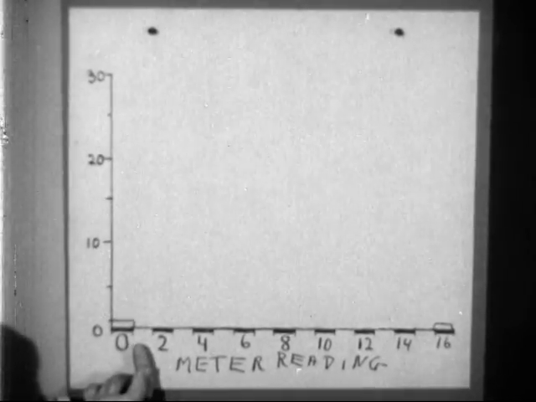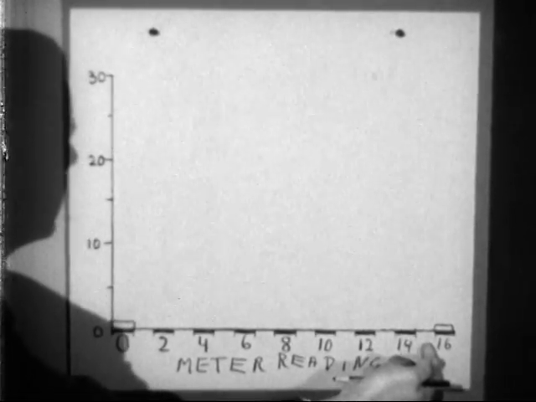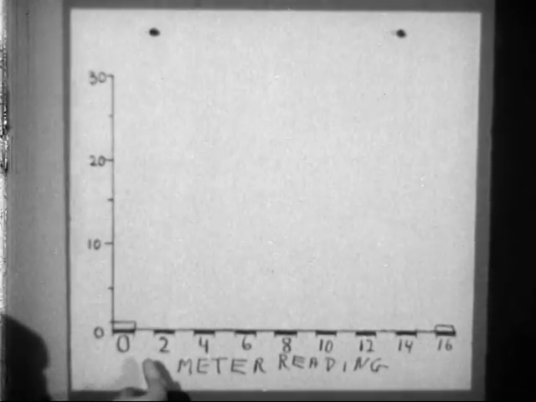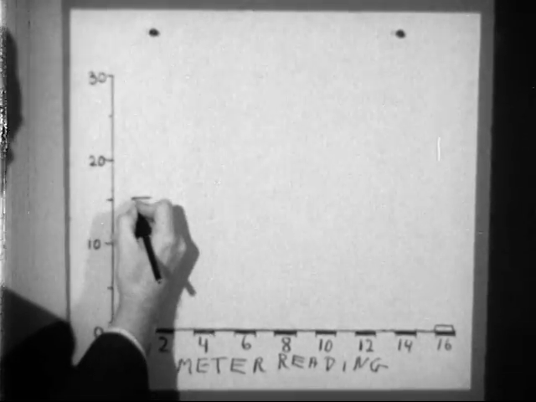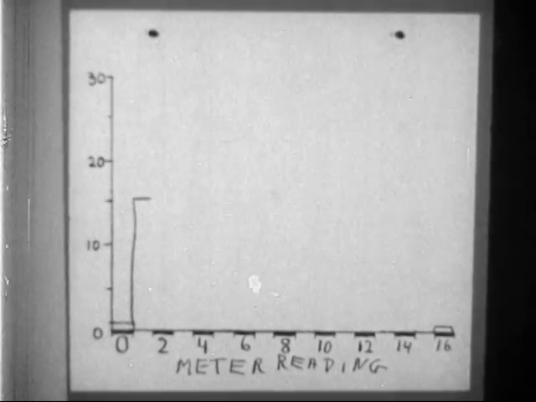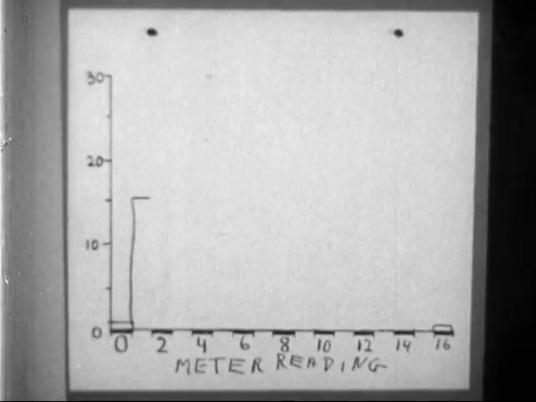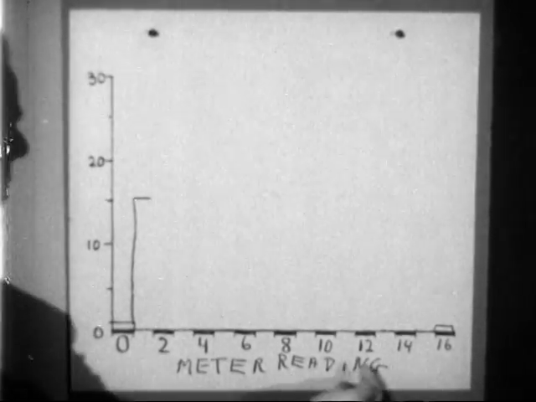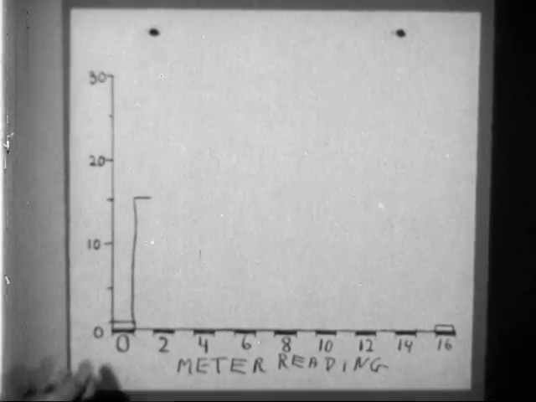There are 16 different ways of getting one white or one black. So these two meter readings are equally probable and 16 times more probable than this. You may be able to go on now and calculate how many different ways there are of getting 2 white or 2 black. There are 120 different ways.